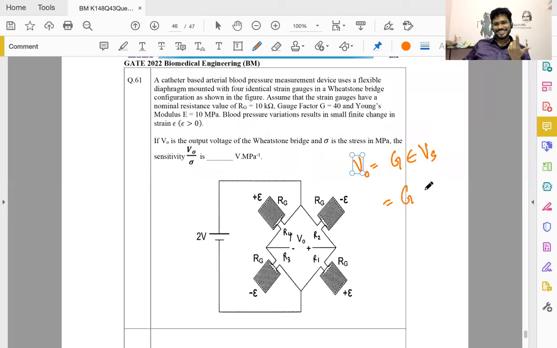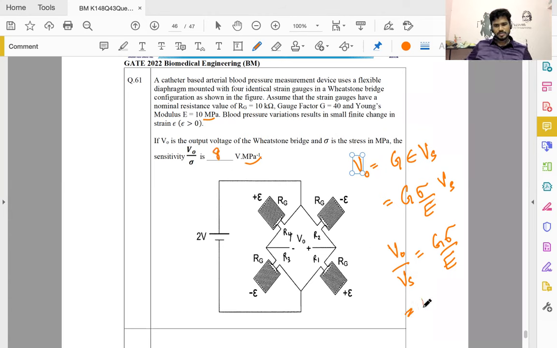So G, this is sigma is E epsilon. So sigma by E Vs, and they ask you for V0 by Vs and G sigma by E, and they ask you in m pi inverse, the same unit that they have given. Just substitute the numbers, you should get it. I hope most of you got this.